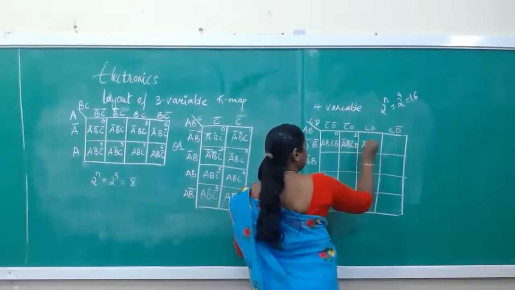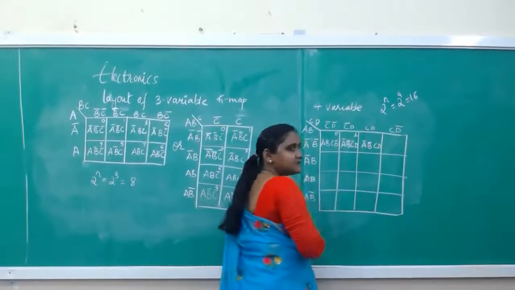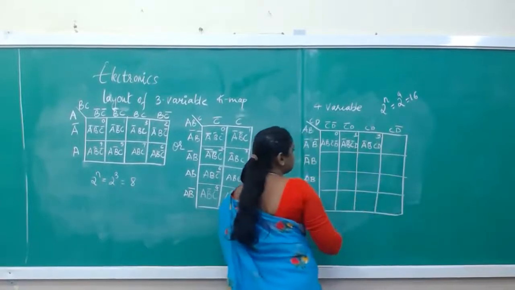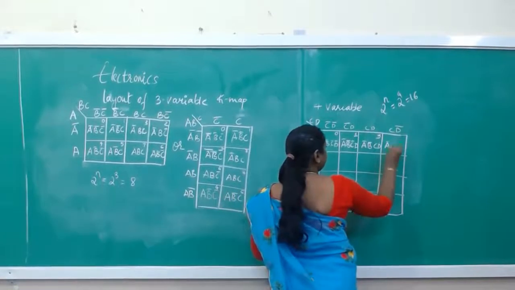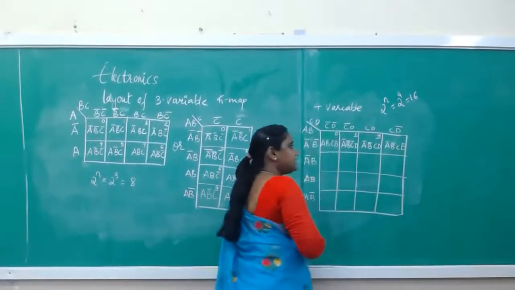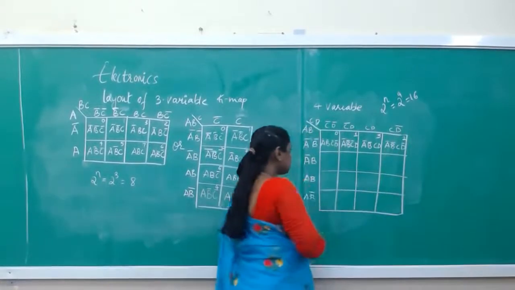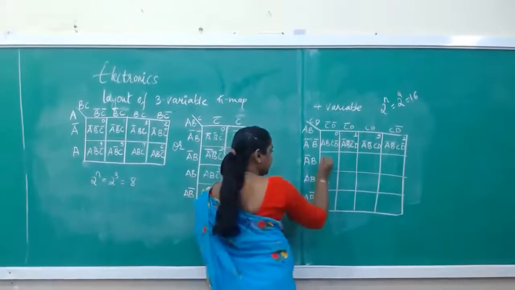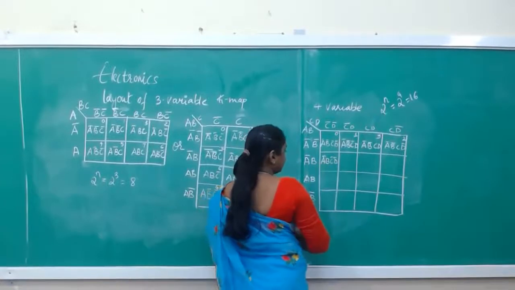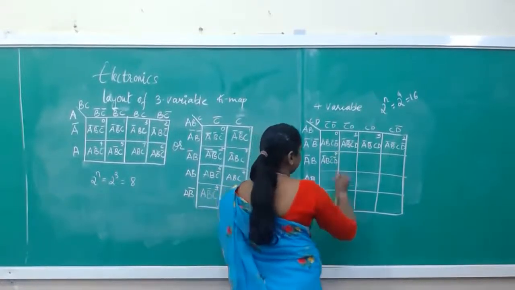A bar, B bar, C, D, 0 0 1 1, cell number 3. A bar, B bar, C, D bar, 0 0 1 0, cell number 2. A bar, B, C bar, D bar, 0 1 0 0, cell number 4.